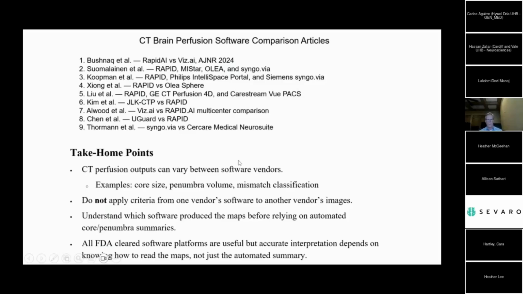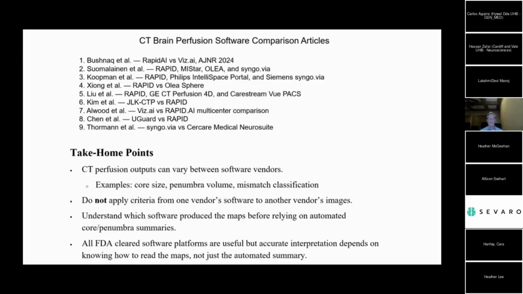Another thing I want to warn you about, and maybe you've seen these, as I've said, there's multiple vendors, there's multiple articles as I've listed here, and reading all these, the gist is this. First off, most of these studies pretty much prove that all these software vendors make a good product and they'll help you treat your patients. Having said that, the actual outputs, core size, penumbra volume, even mismatch can vary among the vendors.